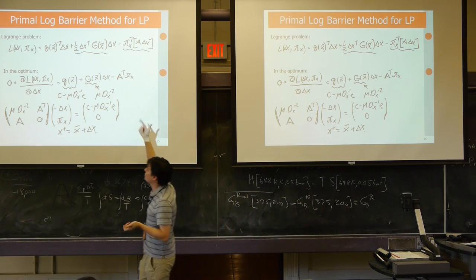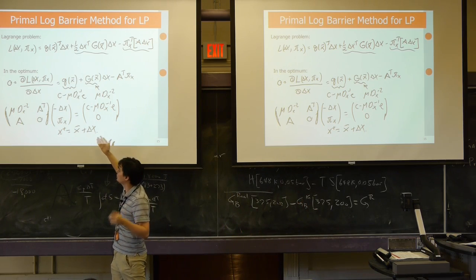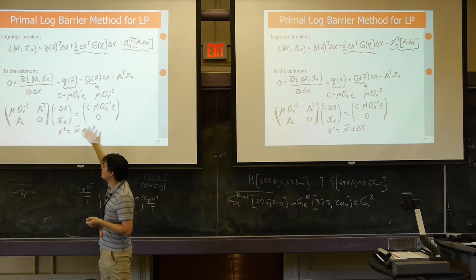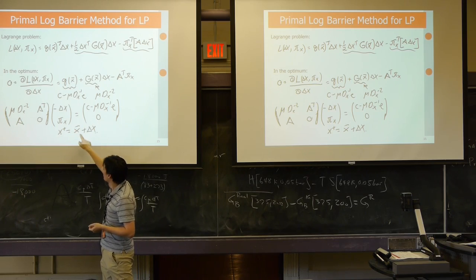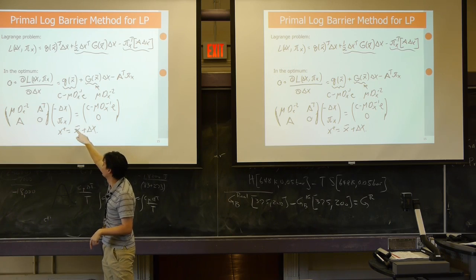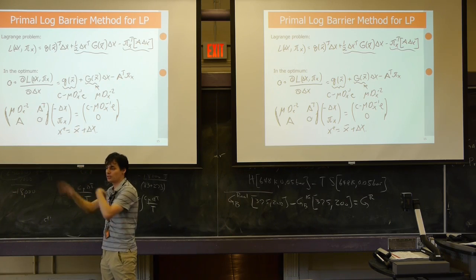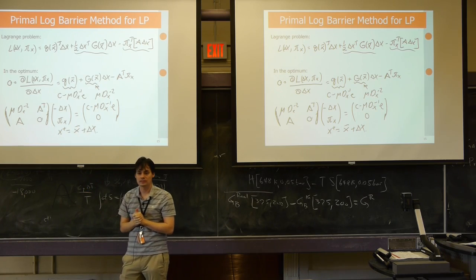We solved this as a Lagrange problem, and this whole problem reduces to this linear system. So if we had a feasible point x bar, we can update with this delta x that we calculate from this linear system, and you can repeat this process.